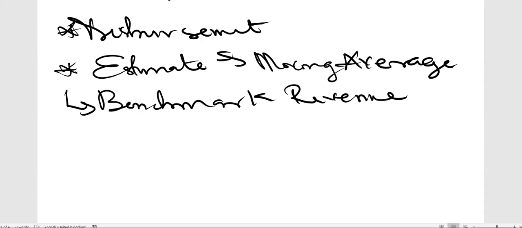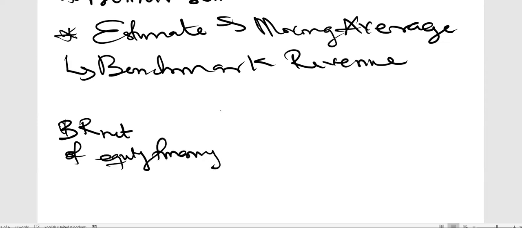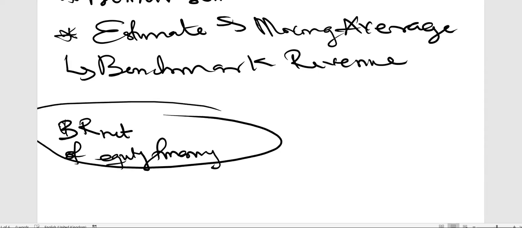I just want you to have in mind that, first of all, it is the budgeted that we begin to work with. When the actuals come, we also follow the same cycle though. But the budgeted is the benchmark revenue, net of equity financing. This is what I want to introduce over here. Benchmark revenue, net of equity financing. So the question is, what is equity financing?